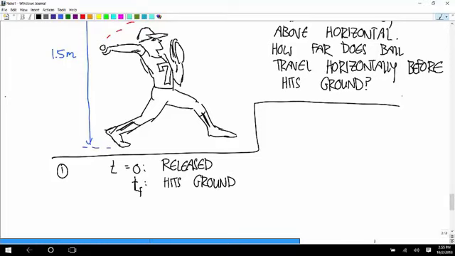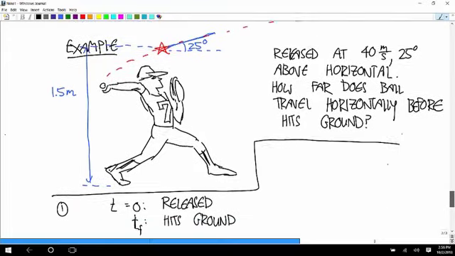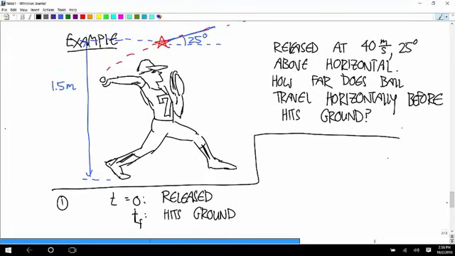And then for the coordinate system, I'm going to put the origin in the place that I put it in almost every one of these problems, maybe every one. I'm going to put it on the ground right beneath where the thing is at time equals 0. So right here.